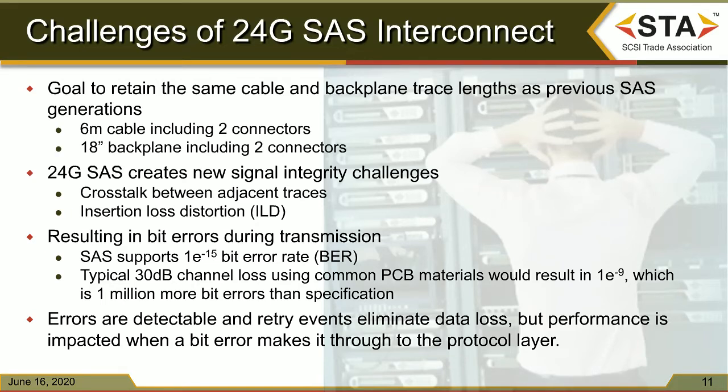So better than 22 a second, one every 12 hours, 20 minutes. That's a good error rate to aim for, and we want to achieve that at 24 gig. All errors are detectable in SAS. There's a CRC checker, so no false data is ever recorded. However, those retries, as I mentioned earlier, can be quite disruptive to the overall system throughput.